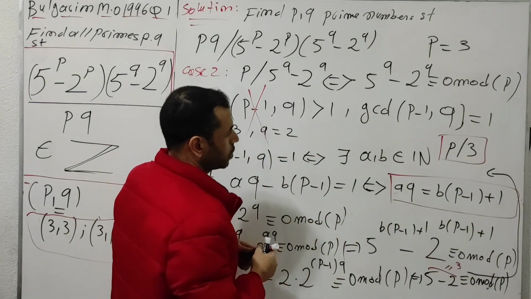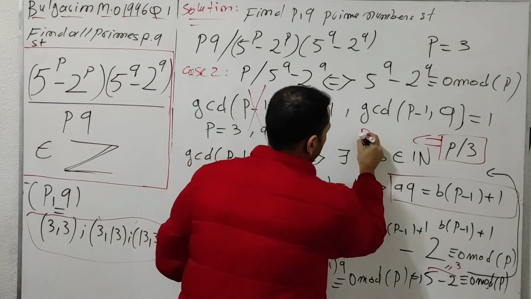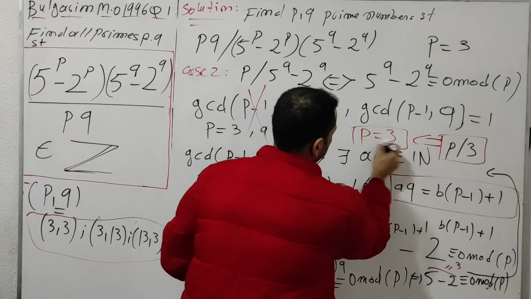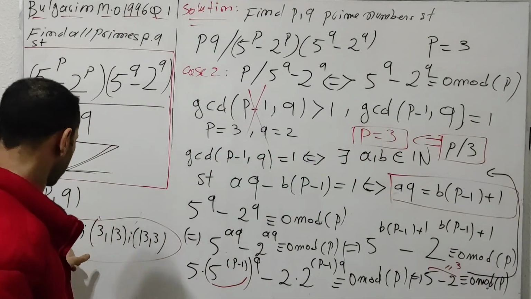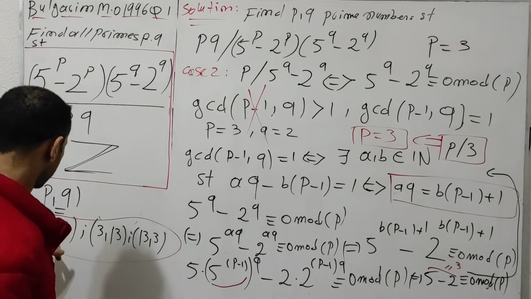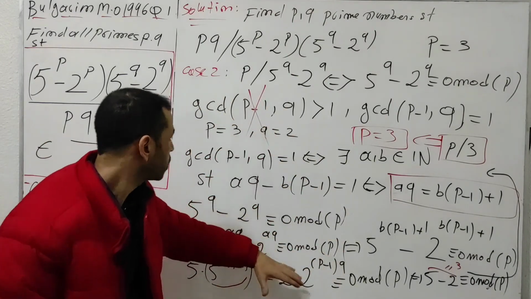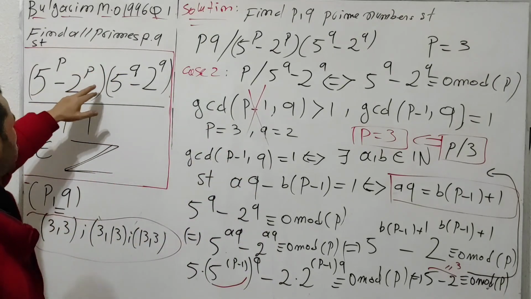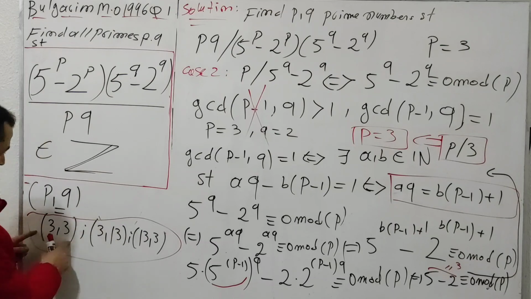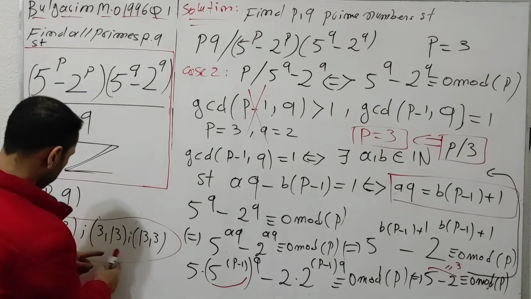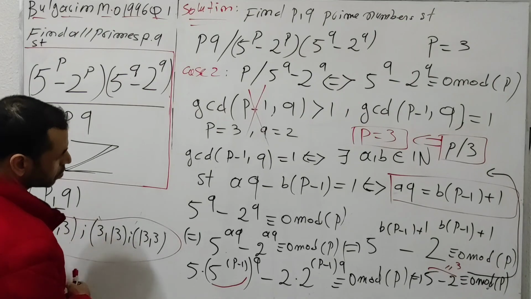So p divides 3, that means p equals 3. So the only solution that we have is the one we found before, p equal to 3. By symmetry, the whole job we have done will be the same with q. So you will have the solutions (3, 3), (3, 13), (13, 3). So I have the common solutions here: (3, 3) and (3, 13), (13, 3) by symmetry.